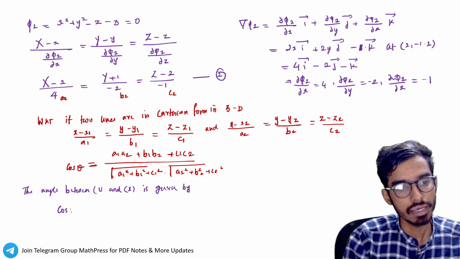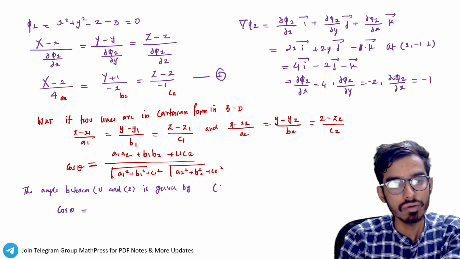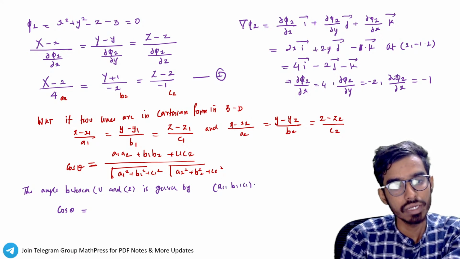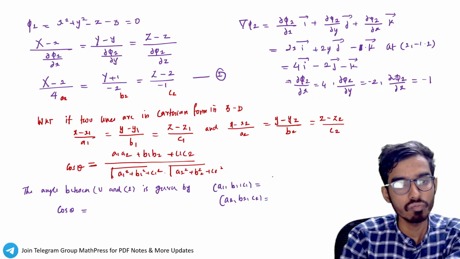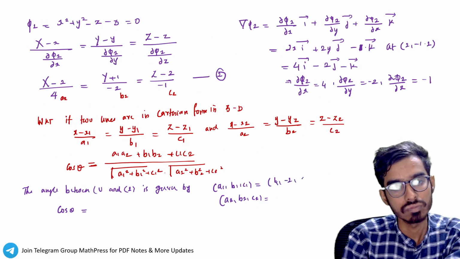So cos theta is equal to, what is our a1 b1 c1 and what is our a2 b2 c2? a1 b1 c1 is 4, minus 2, 4 and a2 b2 c2 is 4, minus 2, minus 1.